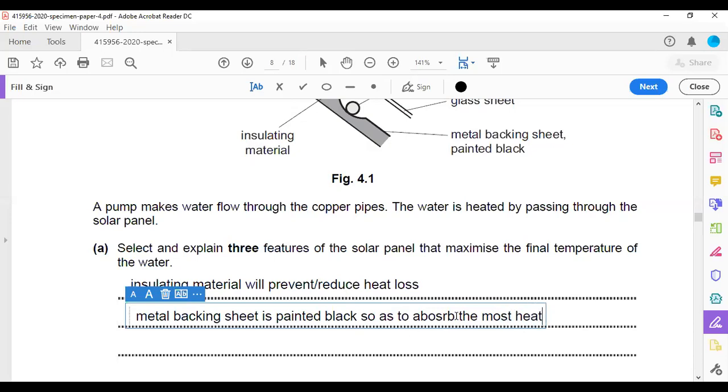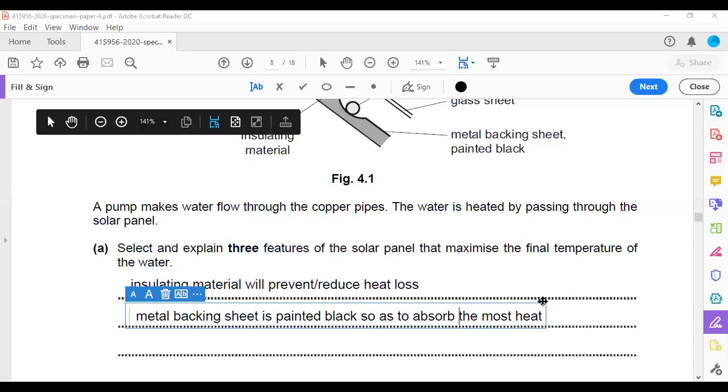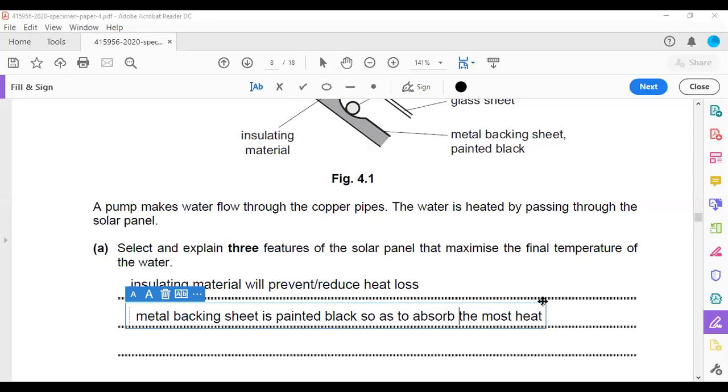Remember, black absorbs heat, so it's a good absorber of heat. So as to absorb the most heat, maximum heat.